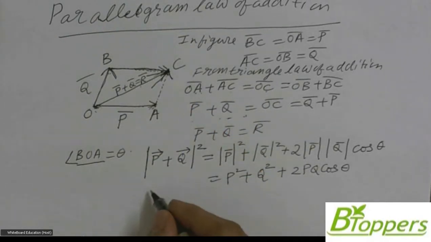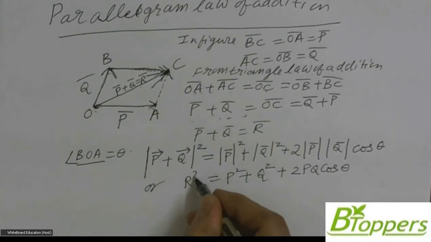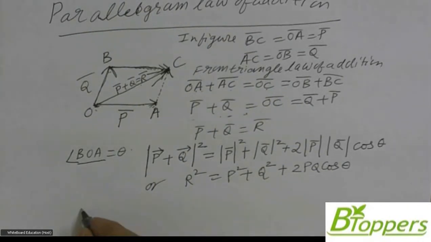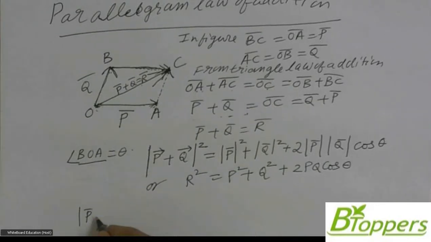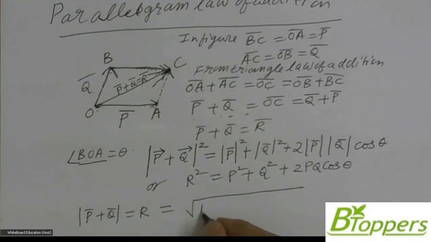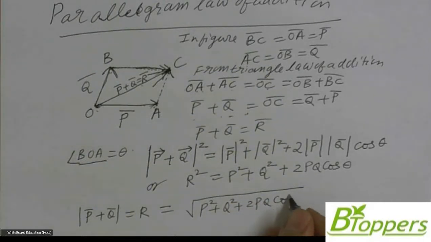So the same result you can write as R square equal to P square plus Q square plus 2PQ cos theta. Therefore, the magnitude of the resultant of P bar and Q bar, which can be denoted by R, is equal to root of P square plus Q square plus 2PQ cos theta.